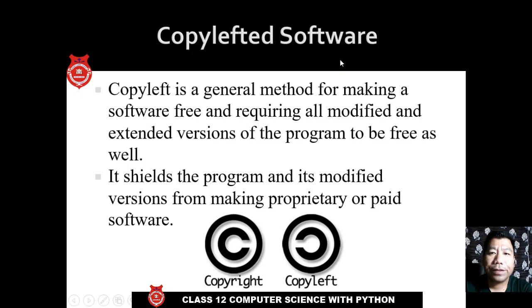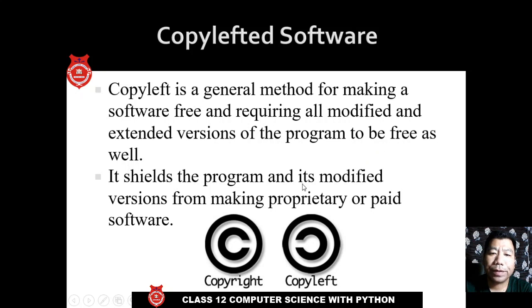And copyleft software. Copyright, I hope you know, is protected software, and copying and using copyright software is prohibited. So let's talk about copyleft. Copyleft is a general method for making software free and requiring all modified and extended versions of the program to be free as well.